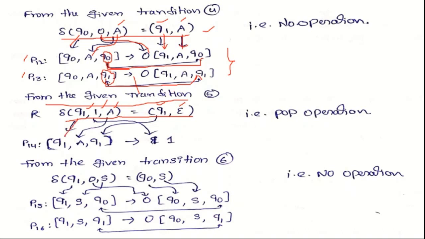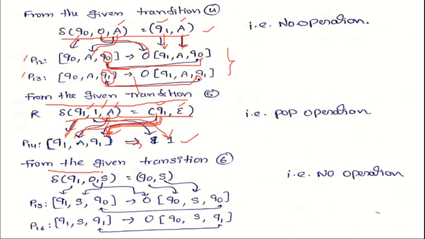What is the current state, q1; what is the top of the stack, a; and what is the next state, q1. For the pop operation, the next state is copied to here, and the input symbol is copied to here. So q1 comma a comma next state q1, then the input is 1. This is the production rule for this particular transition.